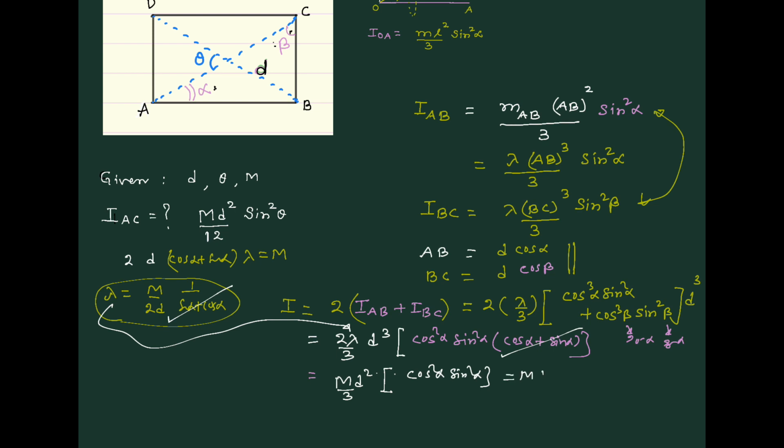It will be M d square by 12 sine of 2 alpha whole square, sin square 2 alpha we can write.